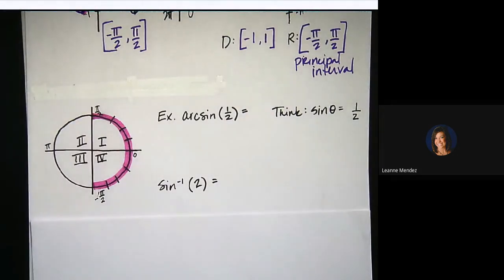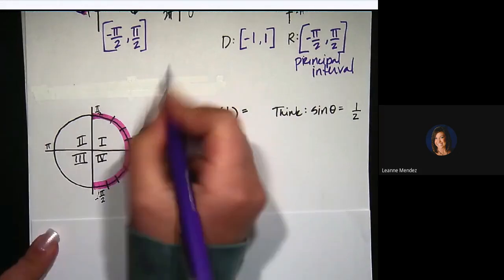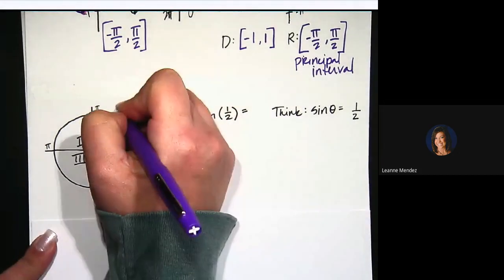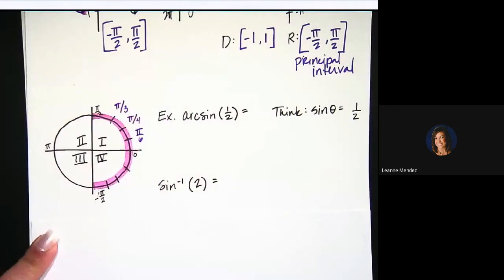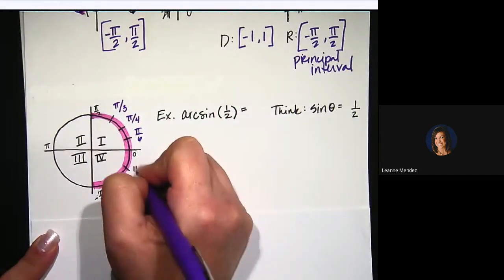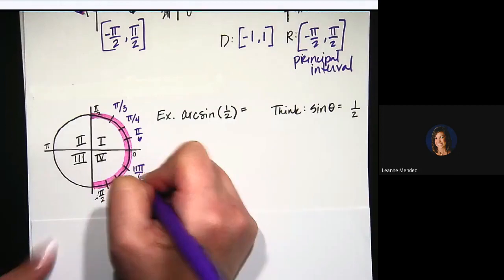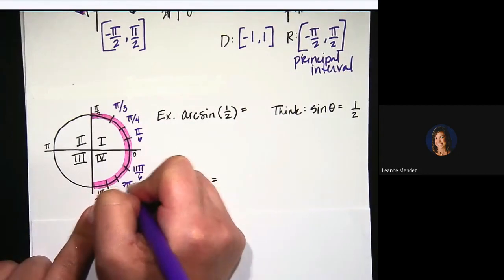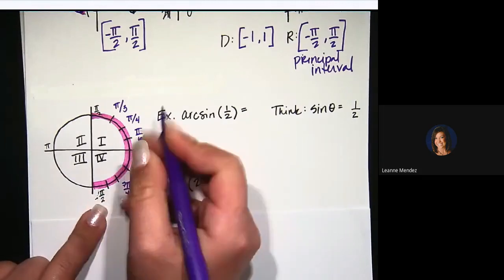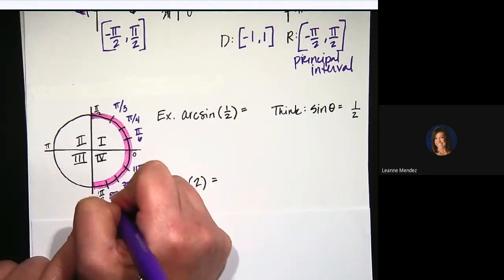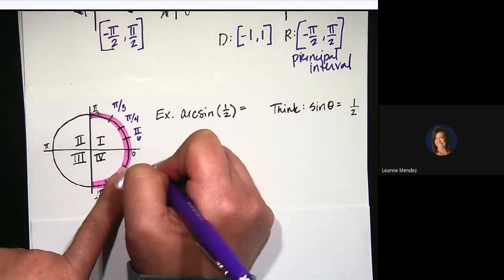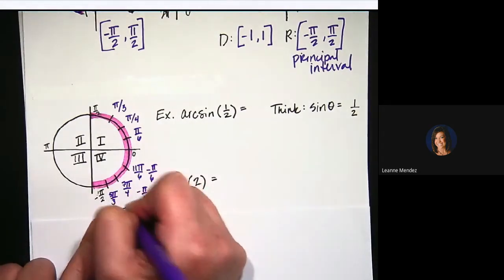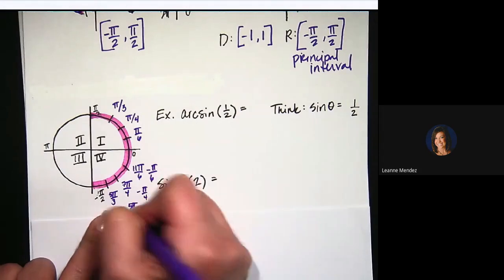What angles are they? I could have written it for cosine, sorry that I didn't, but that's pi over 6, pi over 4, pi over 3, and then going this way, we've got 11 pi over 6, 7 pi over 4, and those are the positive values. Sorry, I should be doing the negative values, my bad. So negative pi over 6, negative pi over 4, negative pi over 3.